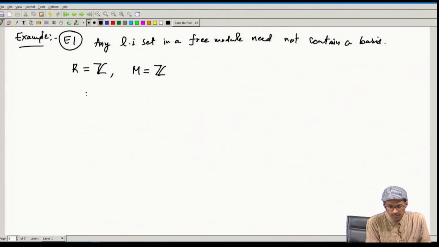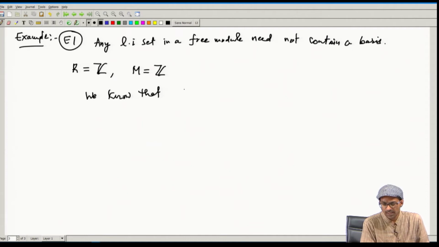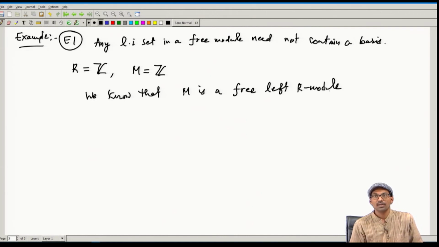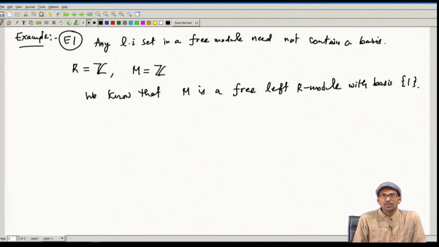We know that M is a free left R-module. One basis I can give is the singleton {1}. Our ring R is Z, which contains unity and is a commutative ring. Therefore M is a free left R-module with basis {1}.